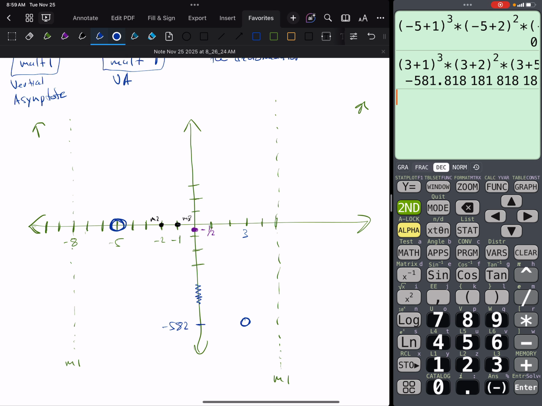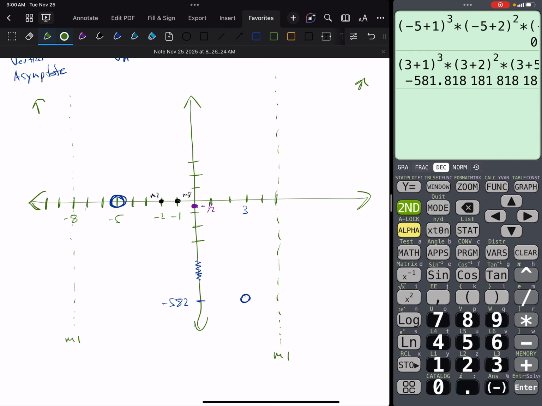I could start, and I think it's a reasonable thing to do, at either end, with either end behavior. And since we tend to think left to right, let's start with the left end behavior. How do I know that I don't start high and then approach that vertical asymptote like this? The reason I know that I cannot do that is because that causes me to cross this x-axis again.